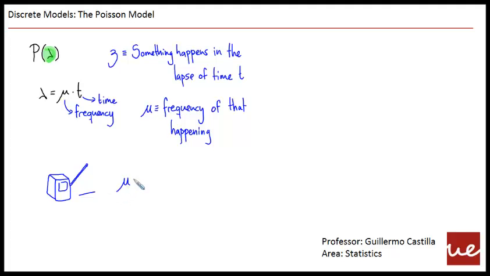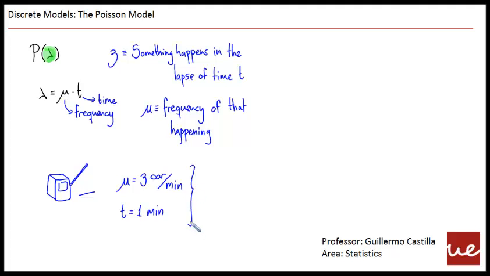Well, the toll booth has a certain frequency. In this case, let's say it has a frequency of 3 cars per minute. Fine. Well, in that case, let's give it a time. Let's say the time is 1 minute.